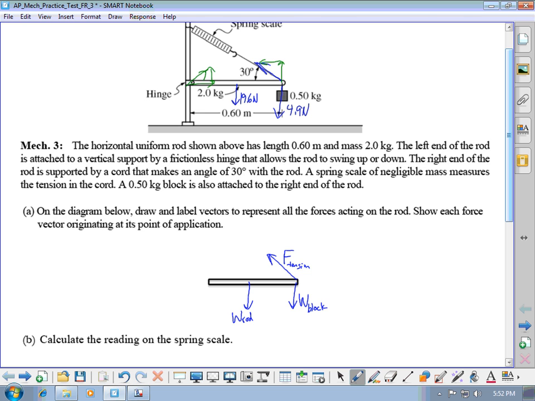And there's the hinge that pushes to the right, and it also pushes up. In part B, when we calculate the tension in the cord, we'll see that that hinge had to have been pushing up.